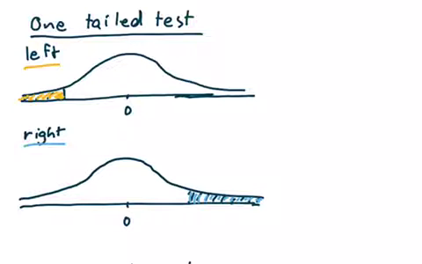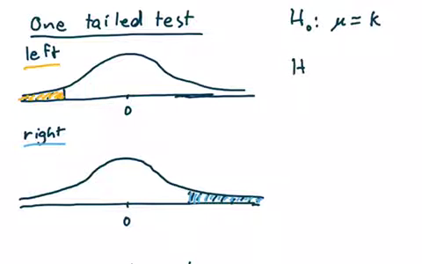Now, let's just quickly review. In all cases, H0, the null hypothesis, says that there's no difference. So let's say mu is equal to some number, call it k. All right.